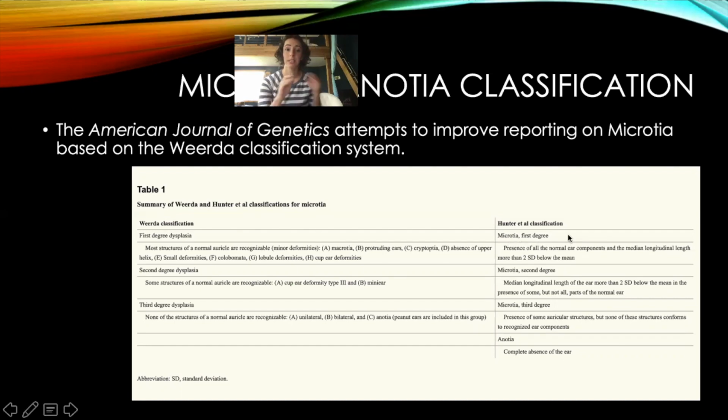So the first degree is going to be the least severe. It's going to have a lot of normal ear components. And if you're looking at the median longitudinal length, it's going to be more than 2 standard deviations below the mean. Then with the second degree, it's going to be even more varied, and the ear is going to look much less like an ear.